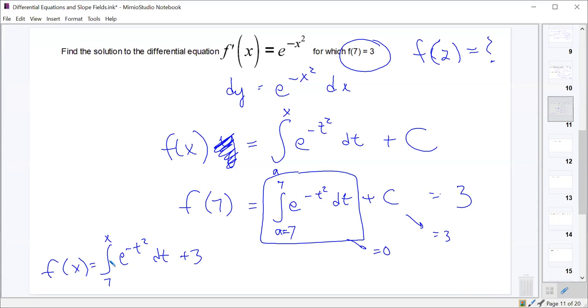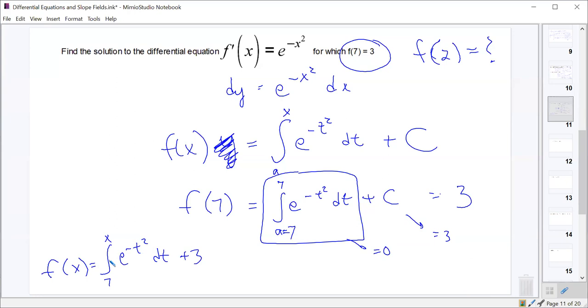But didn't you say that that function can't be integrated? It can't be. That's true. But what we can do with it is approximate that integral, right? You can approximate the value of any integral using a left rectangular, right rectangular, midpoint rectangular, or trapezoidal rule. True? Okay.